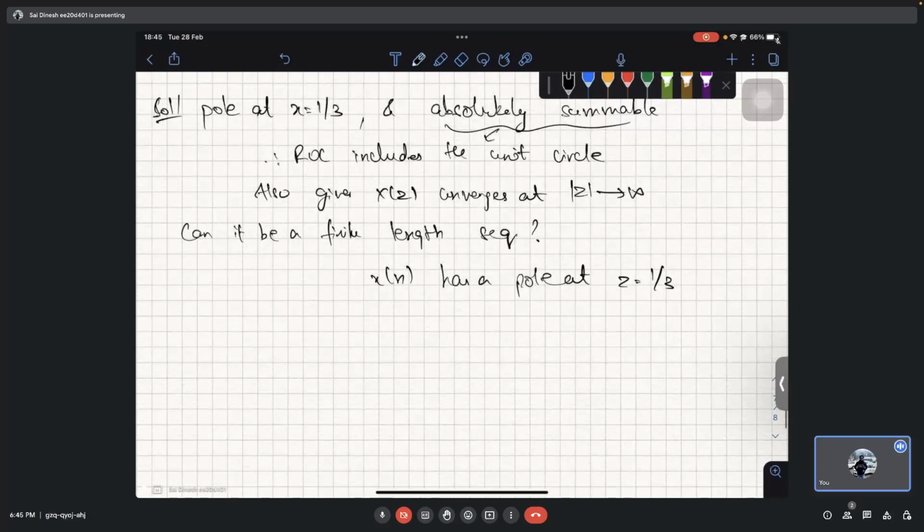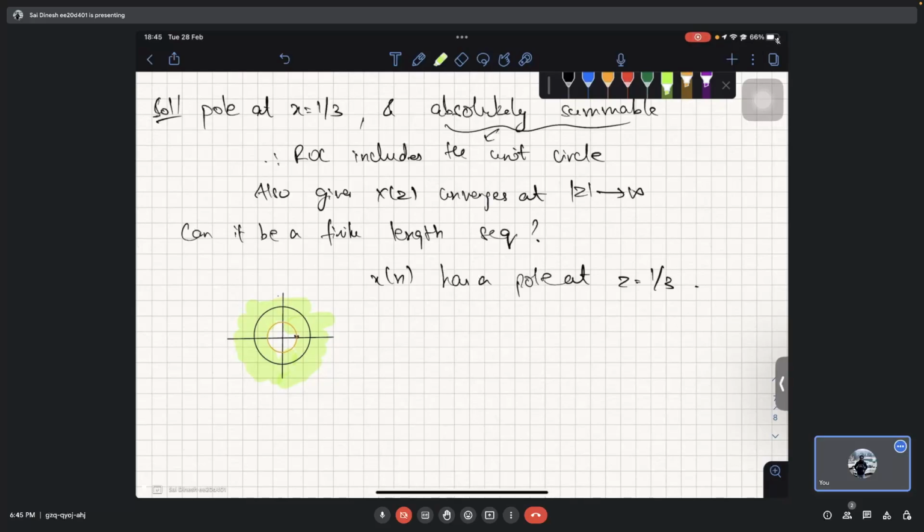And then it says that the ROC includes the unit circle, so it must be the case that it should be somewhere in this region.